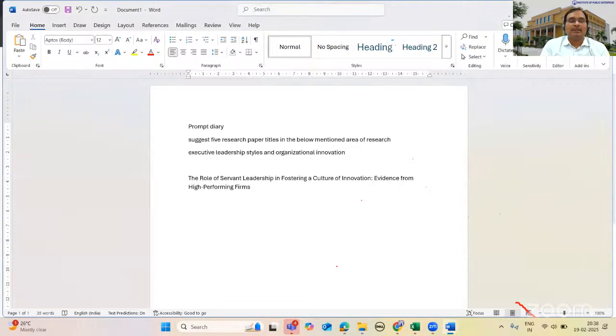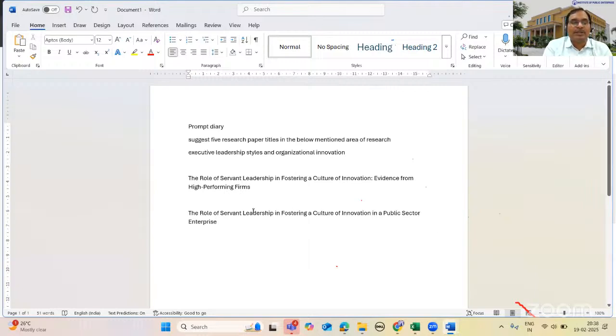I am interested only in this part: the role of servant leadership in fostering innovation in a public sector enterprise.